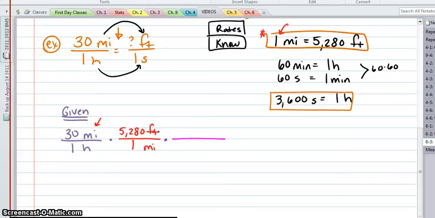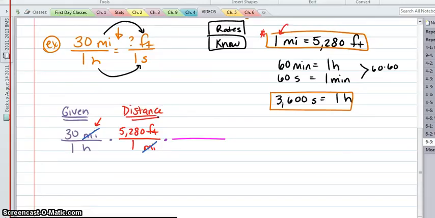So that's how I will set up this rate. I want those miles to cancel out, so 1 mile to 5,280 feet will be set up in this fashion. When we multiply 30 by 5,280, we will get how many feet there are in 30 miles. So that was our distance. I'll just label that distance.